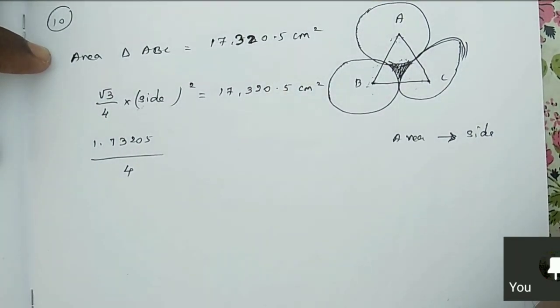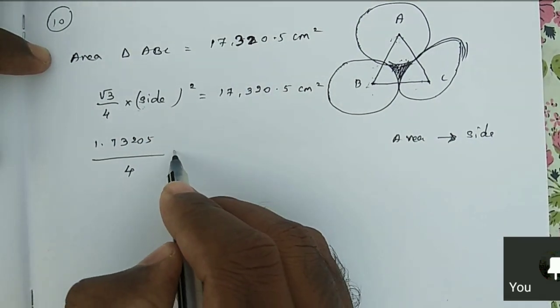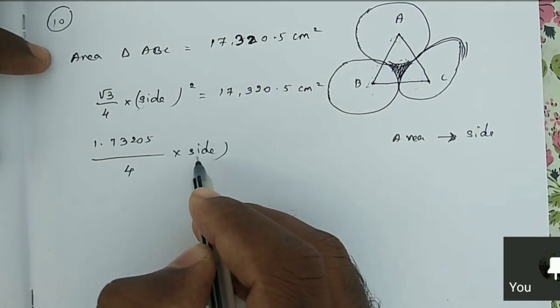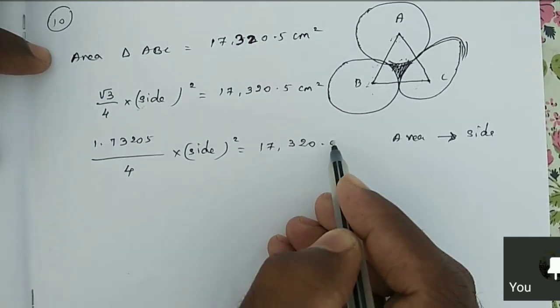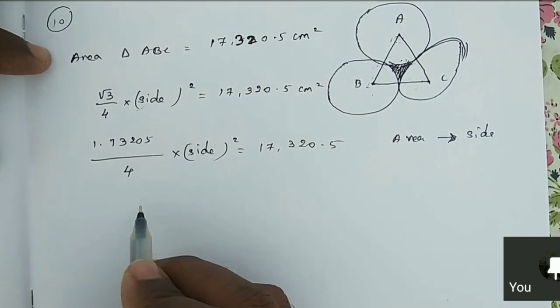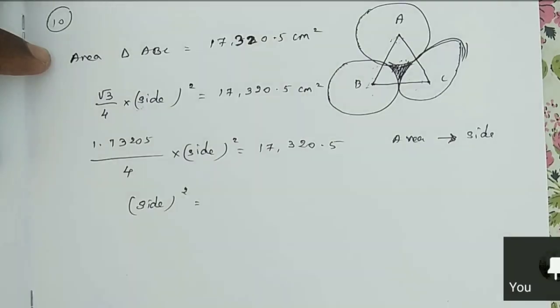You don't worry, in the problem itself they given the value for root 3. Within the bracket they mentioned root 3 value is 1.732. Otherwise you can bypass it. Into side square, which is equal to 17,320.5. Next, keep side square alone on the left hand side and move the remaining all to the right hand side.